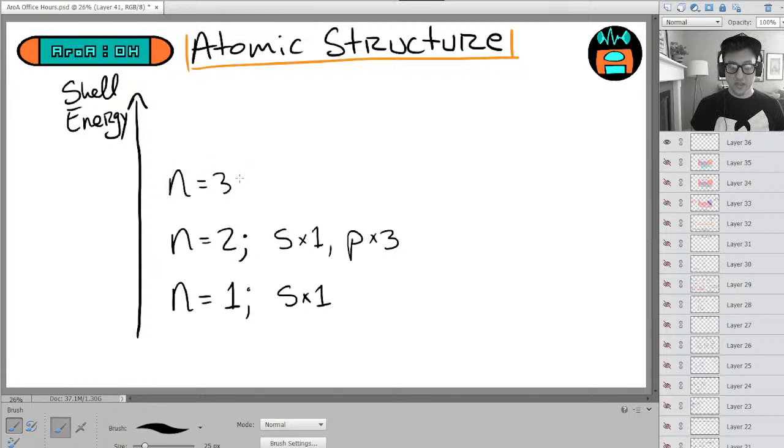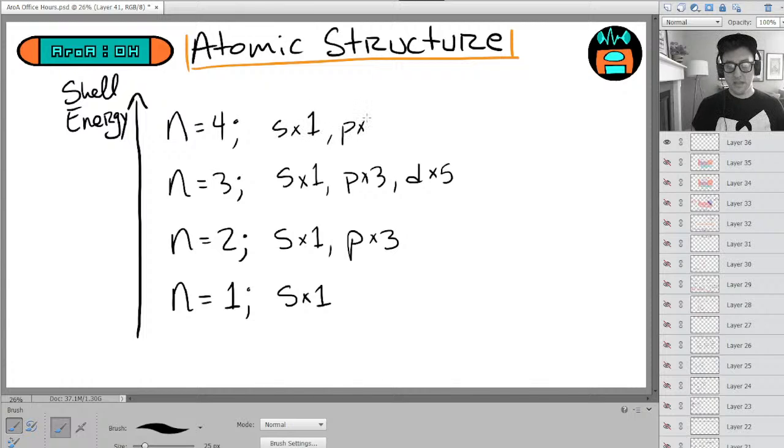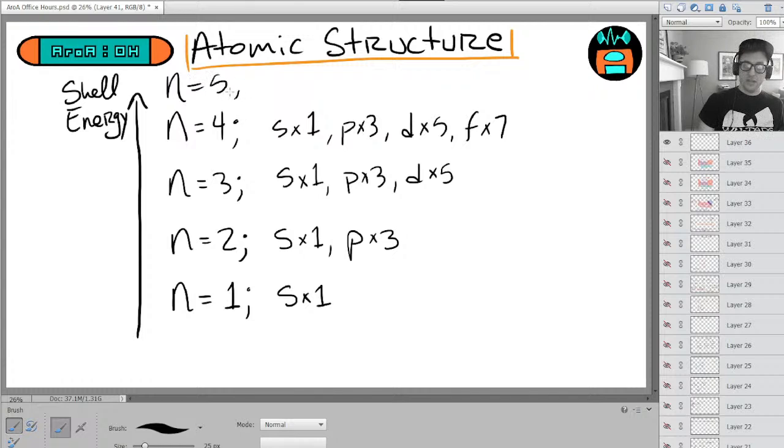The same holds true with the third. The third shell has the s, p, and d subshells available. The fourth energy level, fourth shell, has s, p, d, and f subshells available. And every shell beyond the fourth, so if we write in the fifth, has all 4 available.